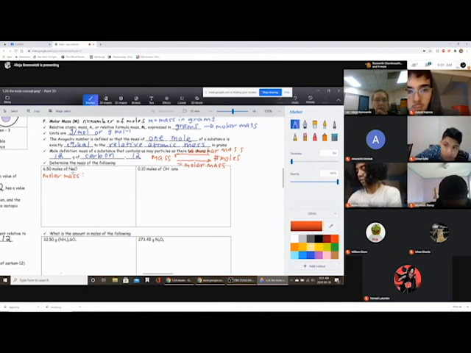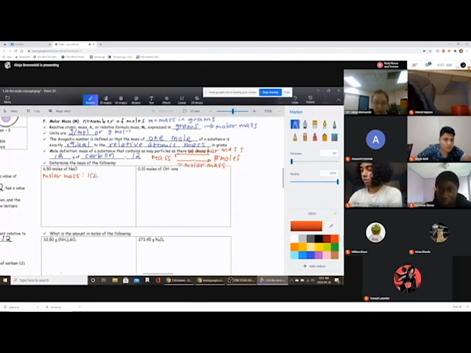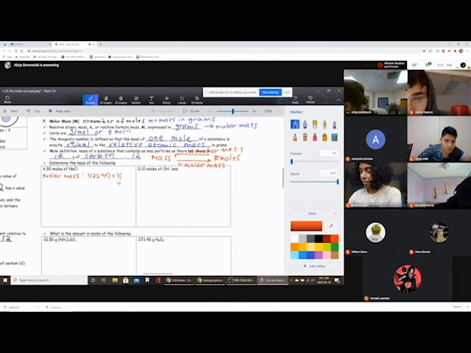Just like we were doing, we're looking up numbers in the periodic table. So NaCl is 1 times 22.99 plus 1 for chlorine times 35.45.